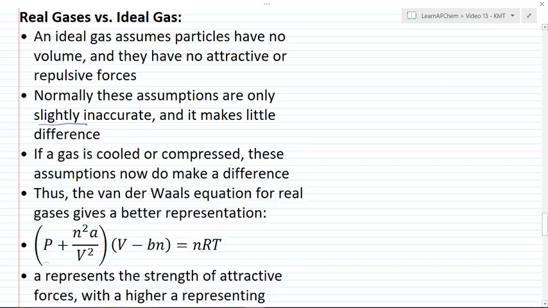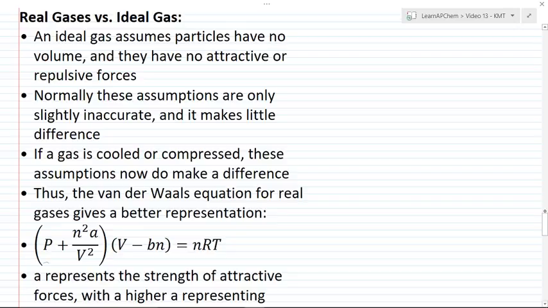Normally that assumption is only slightly inaccurate, but if a gas is cooled, so low temperature, or compressed, high pressure, now our assumptions do make a difference. And so these van der Waals equations give us a better representation for gases in this state.